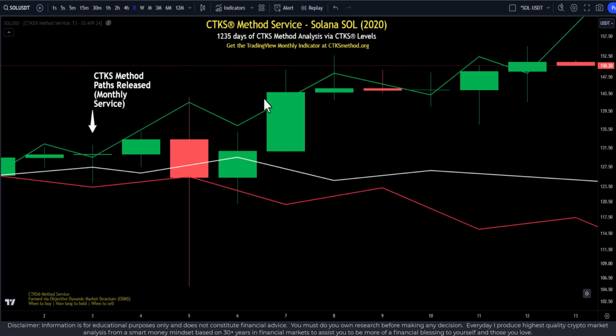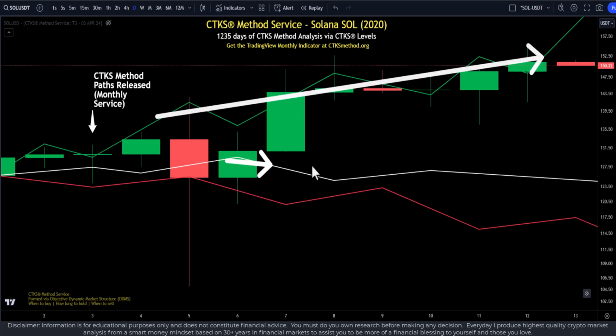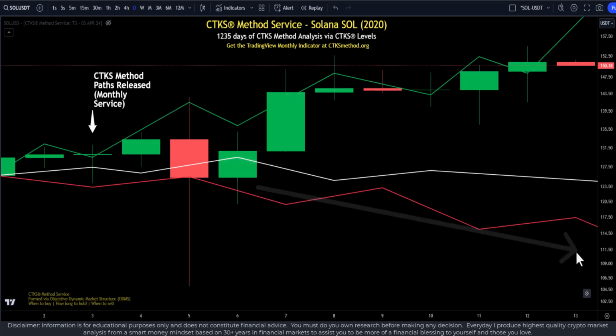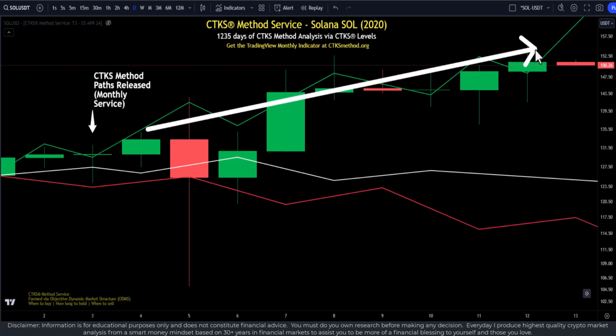These CTKS method paths are drawn up for the positive normalized price scenario, a consolidation scenario, and a negative scenario. This is how you can literally look on your chart to determine where the price is going. These paths are contained within the video. They don't come with the indicator as yet, but I'm working on it.